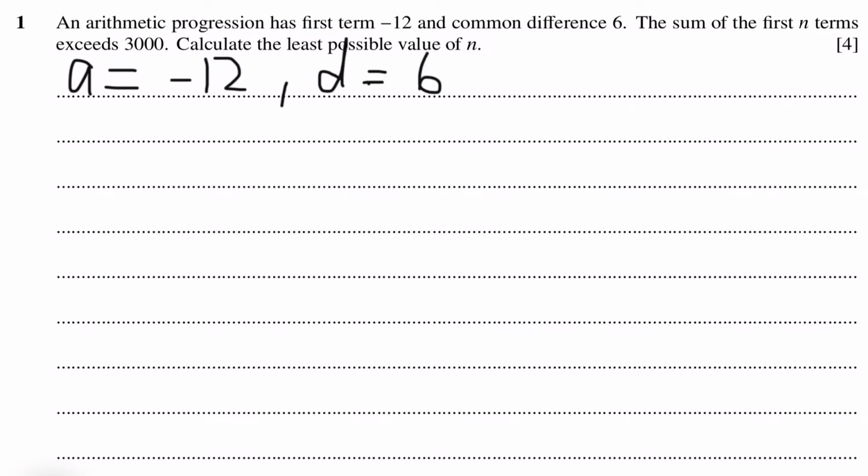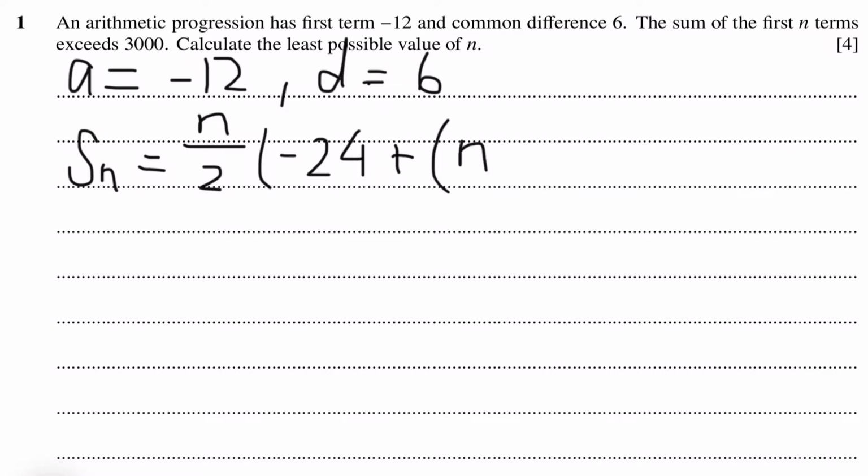Now in order to get the sum of n, your equation will be n over 2 multiplied by (2a plus (n minus 1) multiplied by 6), with 2a being -24. This exceeds 3000.